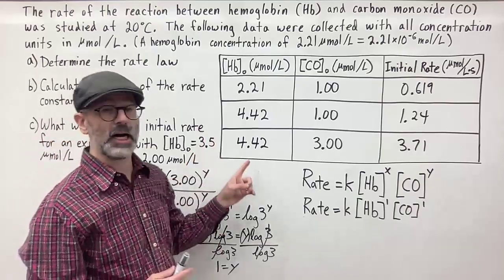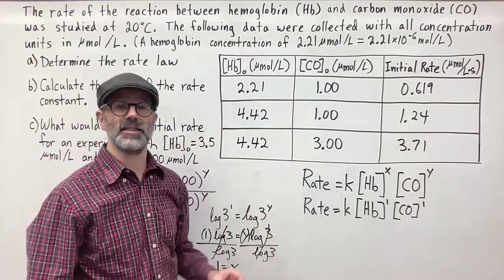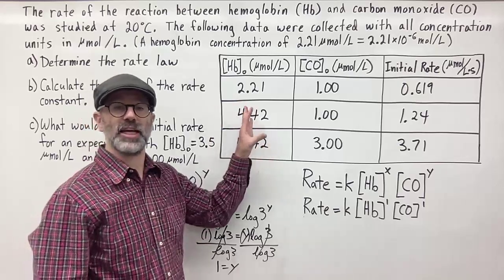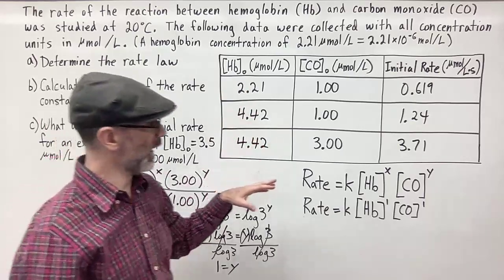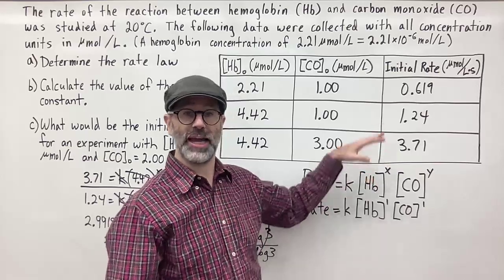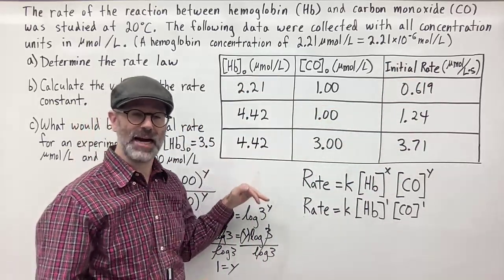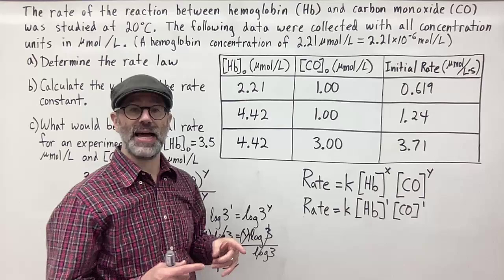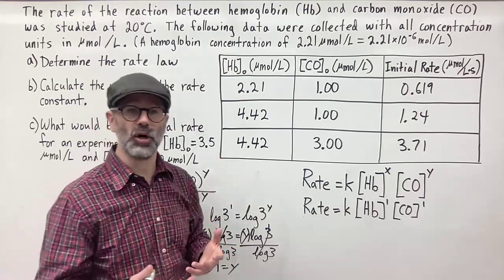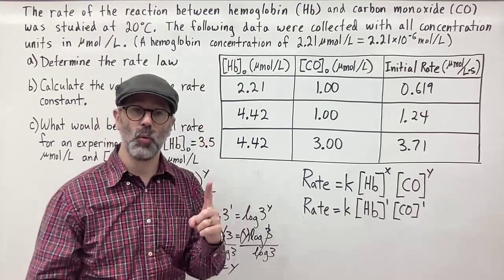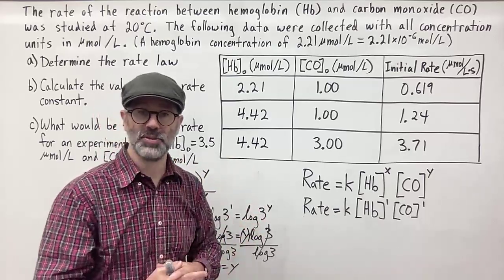If the change in the concentration matches the factor of the change in the initial rate, if they differ by the same factor, then that means that it's an order of 1, right? So it's a first order, which means that the exponent would be 1 for the concentration of that particular substance.